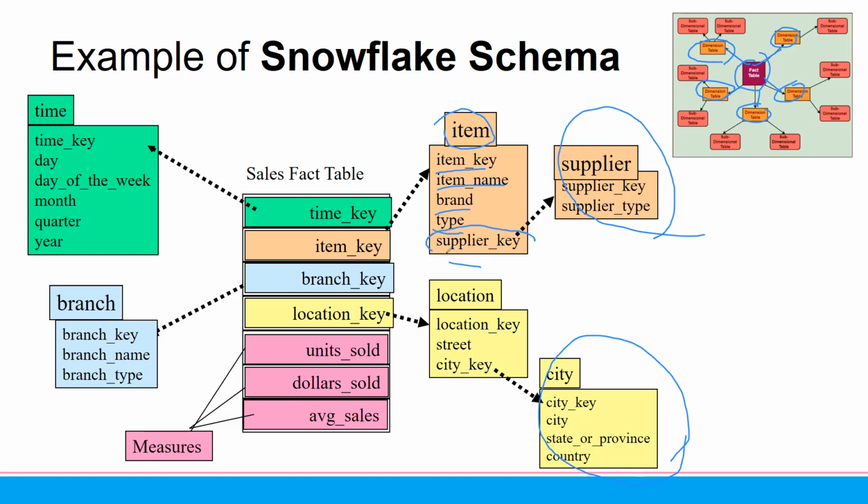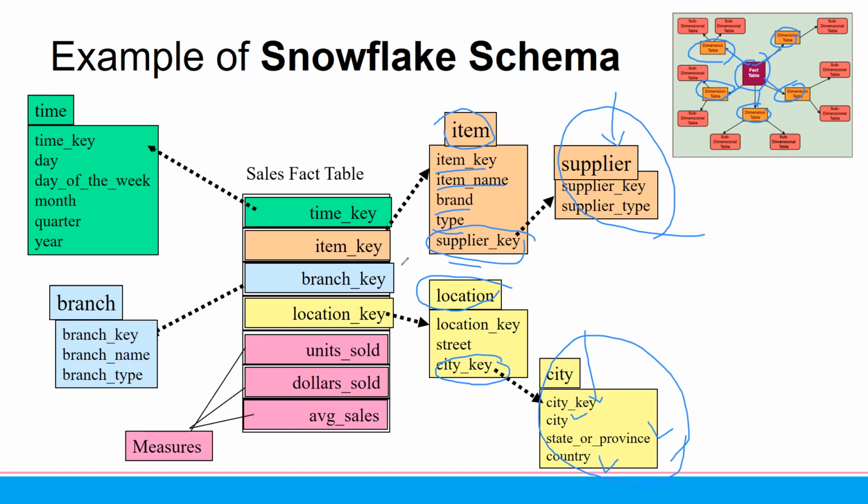But if we want to connect to the supplier key, we have another table, which is the supplier table. It is also about the location, and a city key is included in the location. Then we have another table with information about the city: the city name, the province it is located in, and the country. Then what is the difference between snowflake and star?